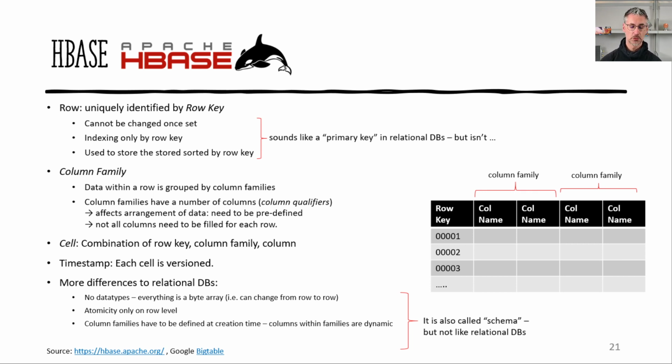And everything is stored in a cell, and this is how it's addressed. It's a combination of row key, column family, and so on. So you can see there are many common terms with relational databases and other NoSQL databases, but it's fairly complex. And that originates from the fact that it's really meant for very large data.